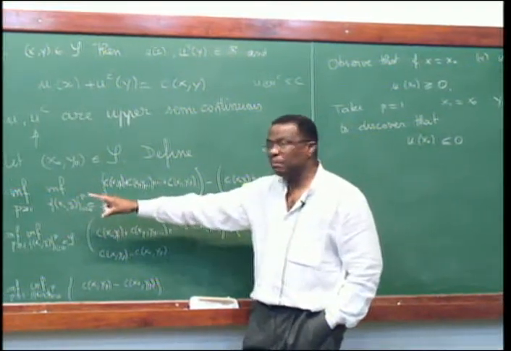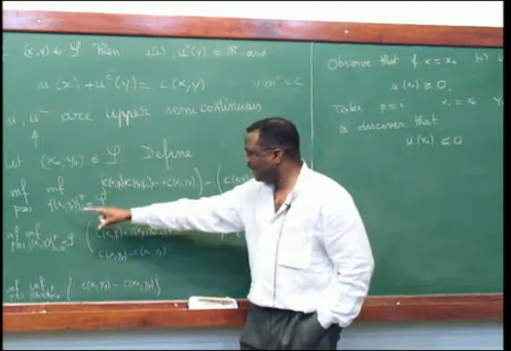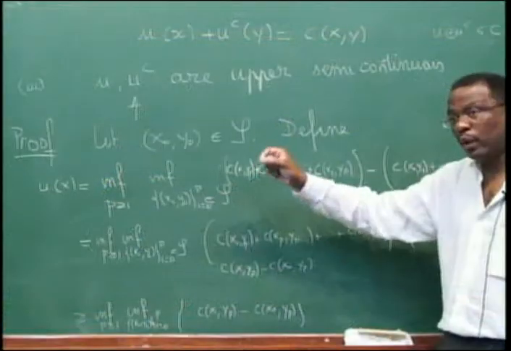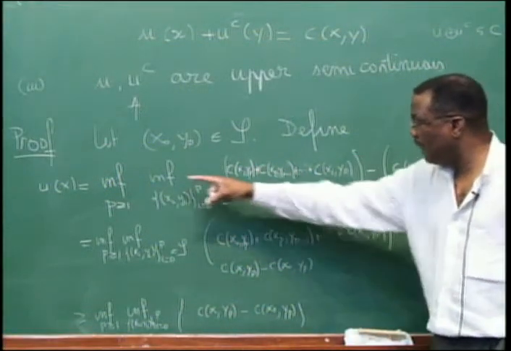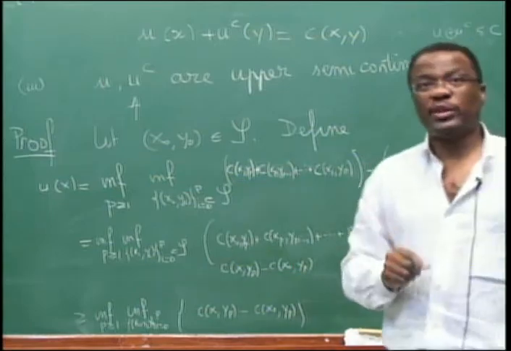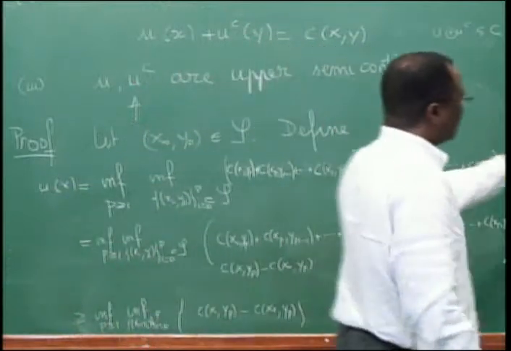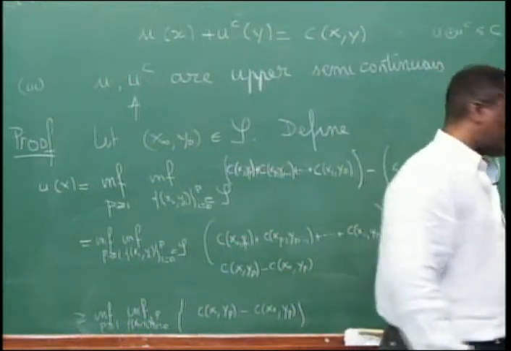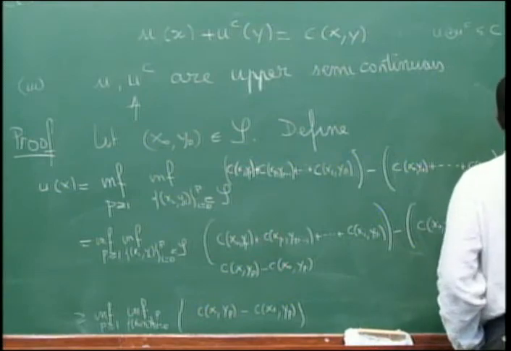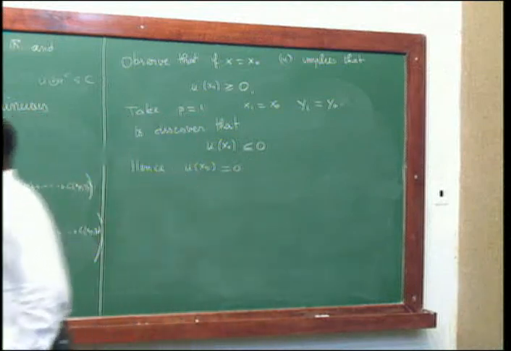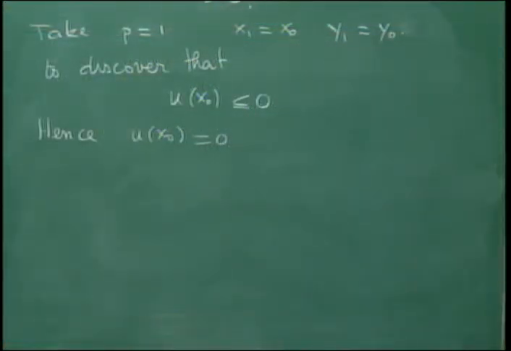In particular, if I take P equal to 1 and I take x naught y naught, x1 y1 with x1 y1 equal to x naught y naught, if I plug this here, I will get a value which is bigger than or equal to U of x naught. And this gives U of x naught is less than or equal to 0. Hence, U of x naught equal to 0. And we get the first part we want. We get that U is not identically negative infinity.